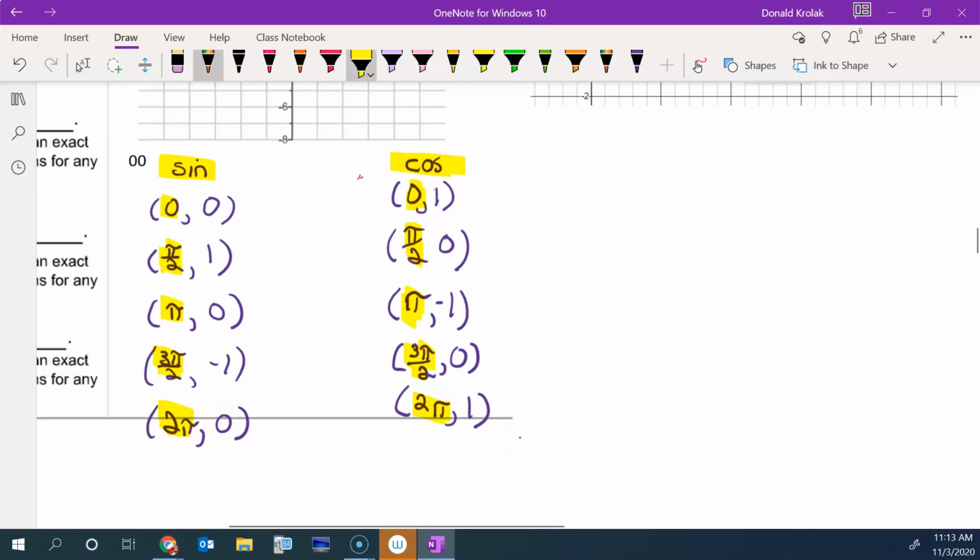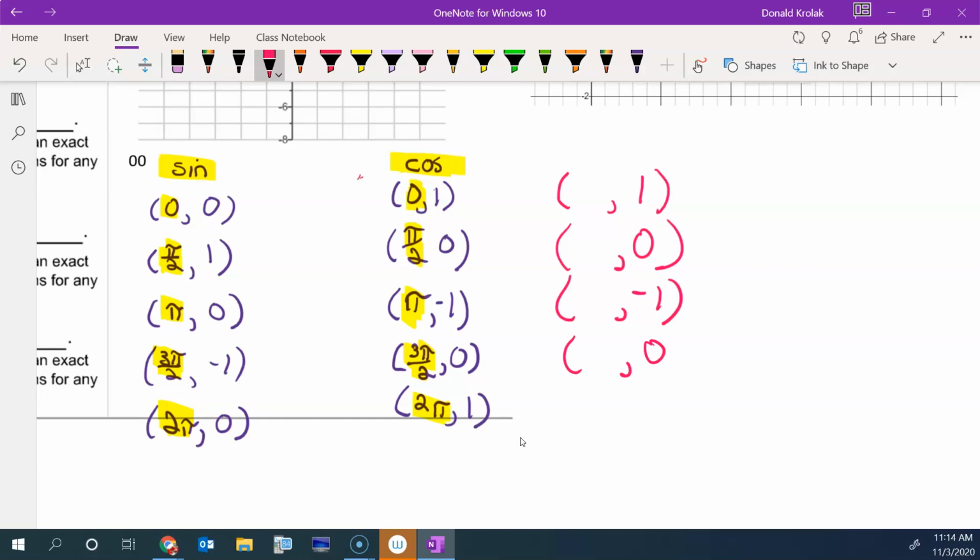Right? So the y coordinate's not going to change. So the first one is going to be 0 plus pi over 3.